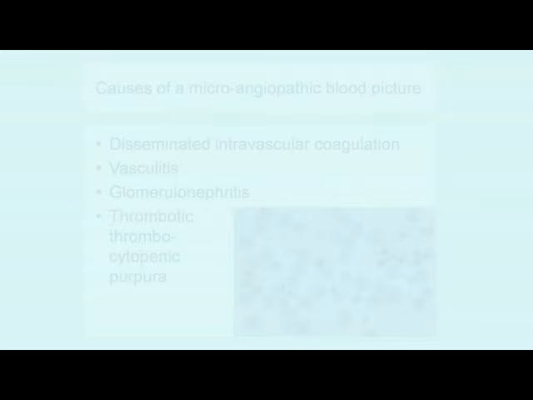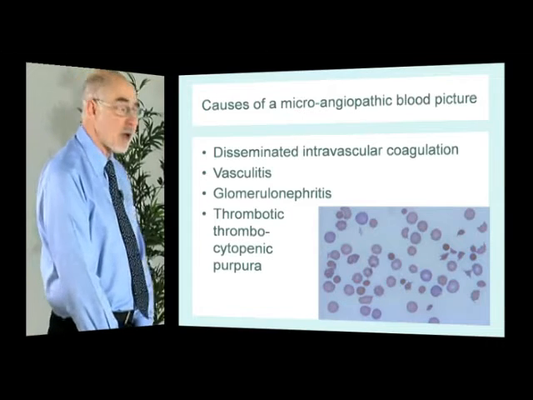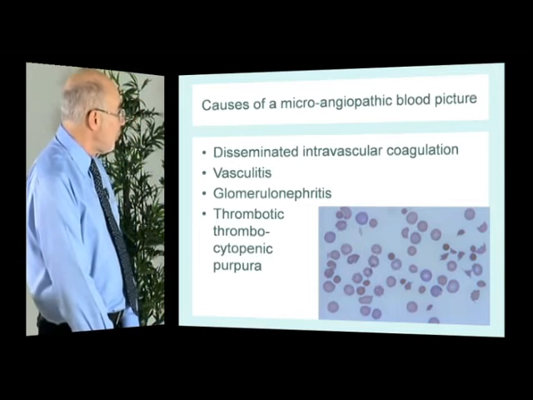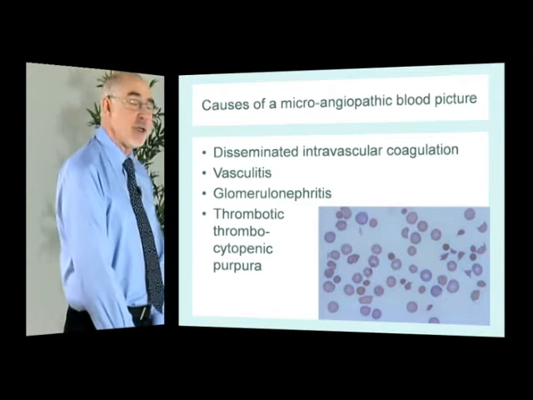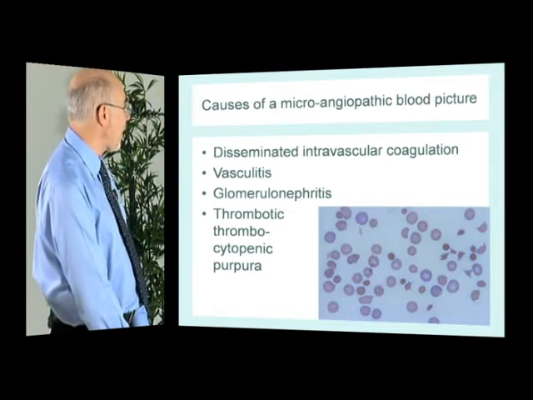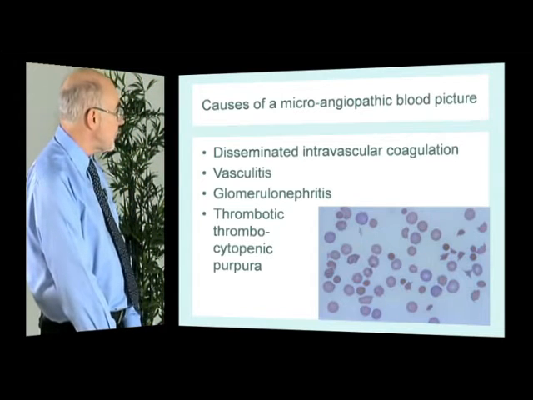We will now think of some of the causes of a microangiopathic blood picture. In the blood film on the screen, you will see that there are fragmented red cells. Those are the very irregularly shaped red cells. There are also helmet cells, which have been chopped in half and resealed, like the helmets that our troops wear.